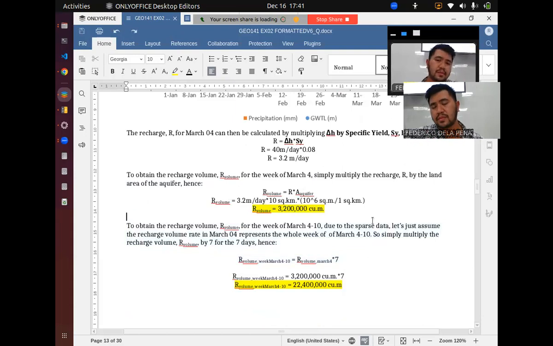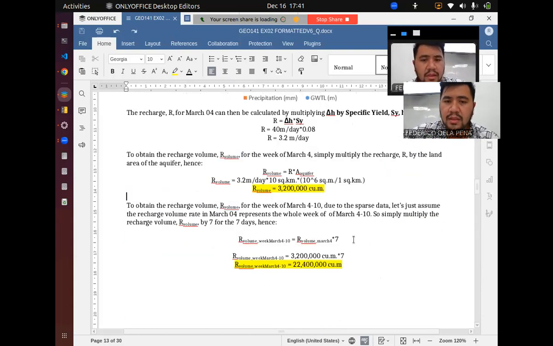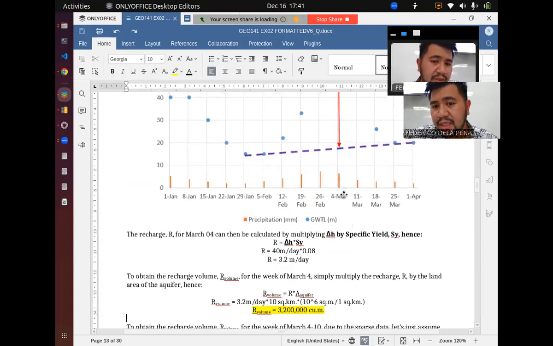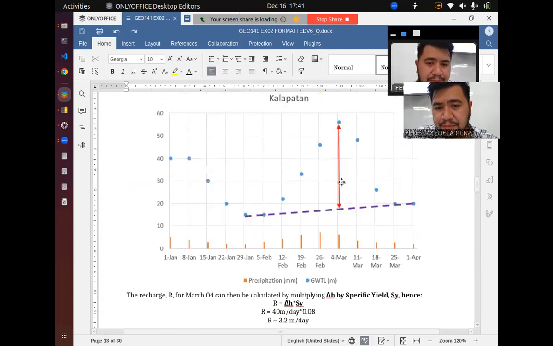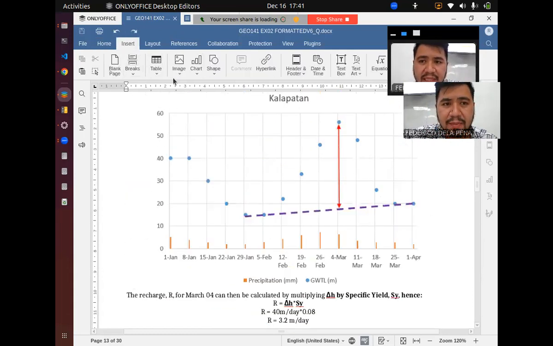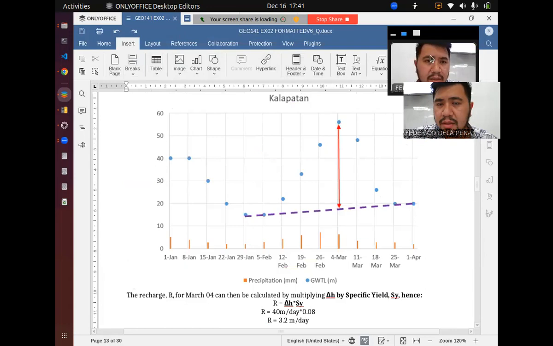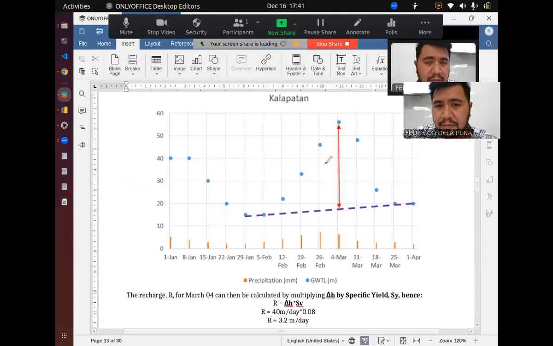Okay? If you want to do it for the whole time here, you can just estimate, no, the fluctuation levels per day or per week, no. Pero since we just have a weekly data, you can basically just imagine... Let me annotate this one.